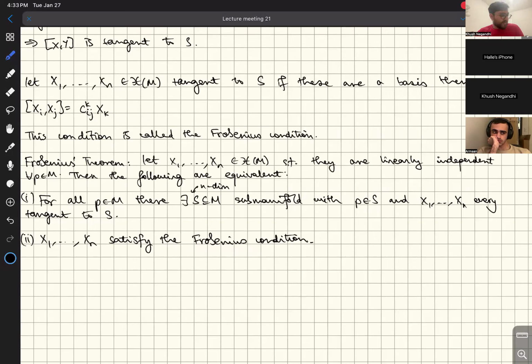If you've seen Hamiltonian mechanics, for example, you care about conserved quantities, and conserved quantities are basically integrals of motion. So you have some vector field, usually the Hamiltonian vector field, which we will see in hopefully a month from now.